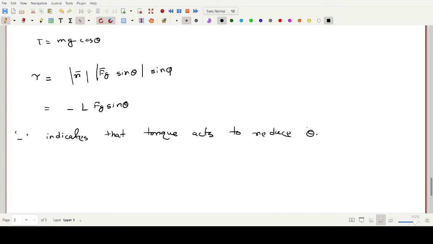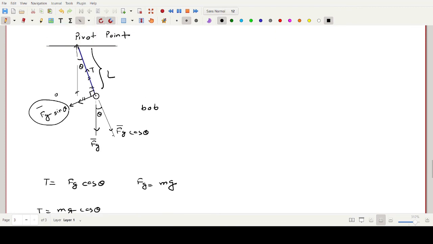Sir, I have a question. What if the pendulum is oscillated in zero gravity? Zero gravity, like in space or something like that? Nice question. So what will happen then? If there is zero gravity, then Fg equals 0, right?